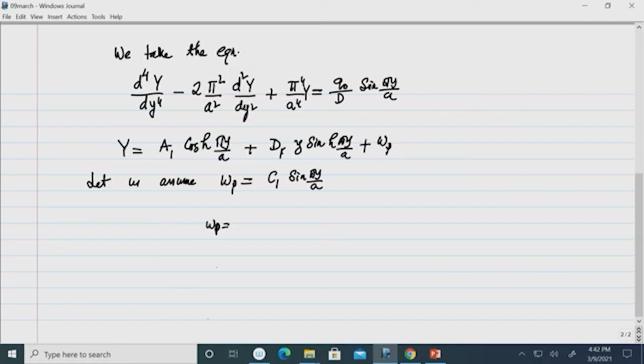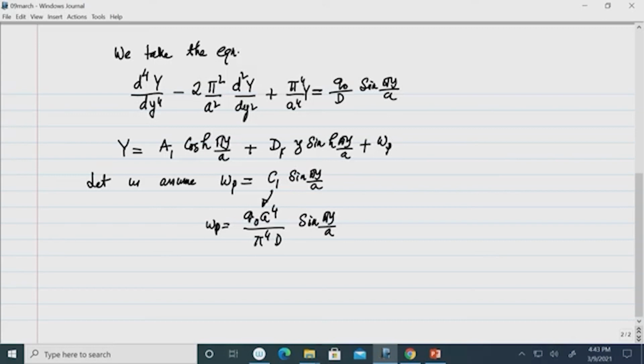W p is now appearing as q naught a to the power 4 pi to the power 4 d sin pi y by a, because C 1 is now this quantity. How is this C 1 found? Assume the particular integral as C 1 into this, substitute it in the differential equation, and then equate the coefficients of like terms.